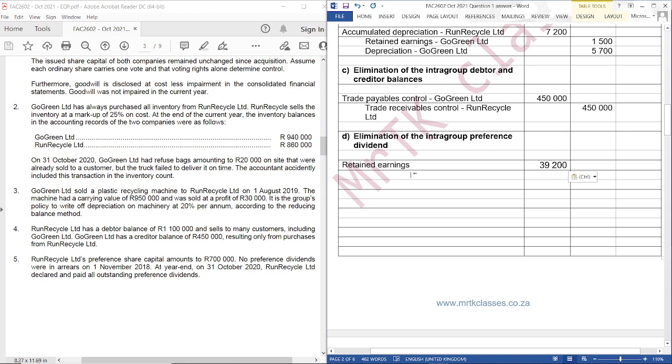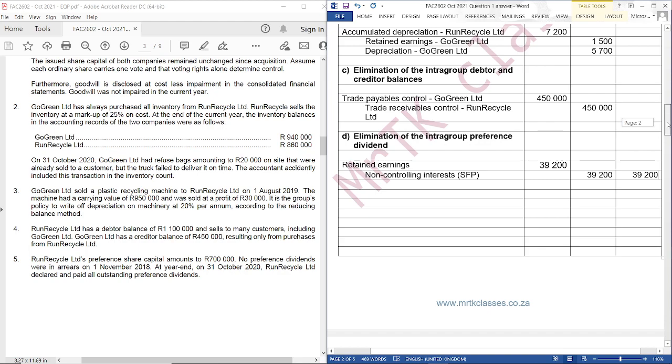Then we are transferring this to non-controlling interest in the statement of financial position, 39,200, right?